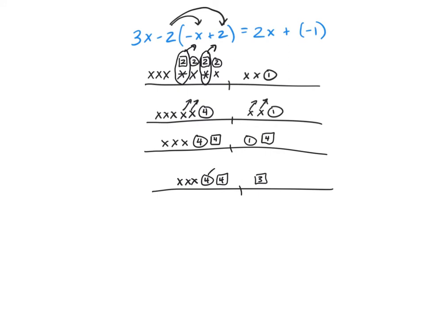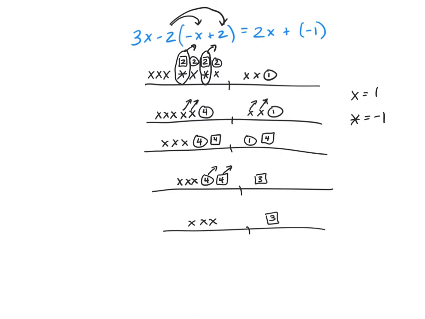I can then remove this 0 pair, and I'm left with 3 x's is equal to positive 3, which makes x equal 1 and star equal negative 1.